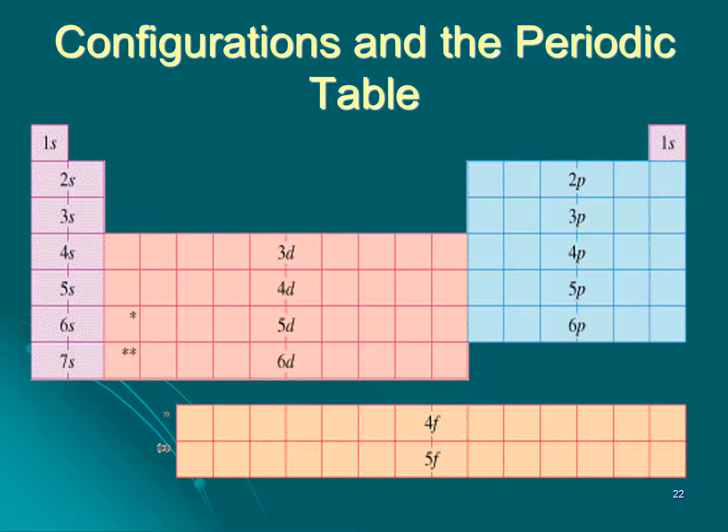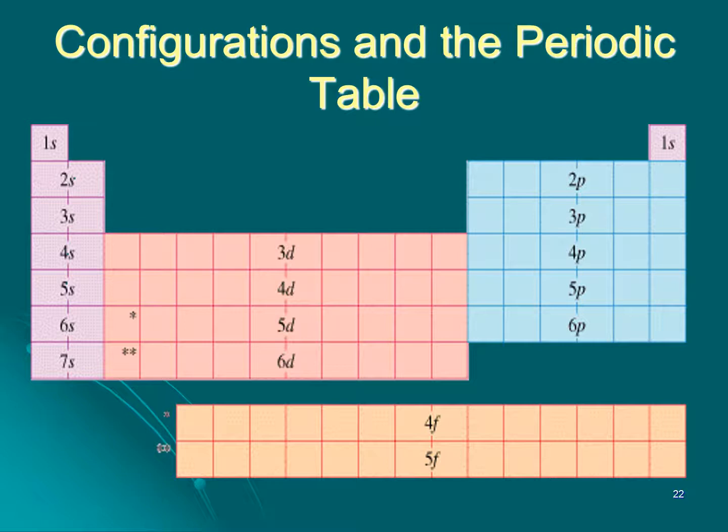The p electrons are over on the right hand side, and remember there's 6 p electrons total, and so there's 6 columns, the blue on the right hand side. 2p, 1, 2, 3, 4, 5, 6. The d electrons, there are 10 of them, and they take up the transition metal area, the orangish part. Those are the d subshells, and there's 10 electrons in any d subshell, and so 10 boxes.